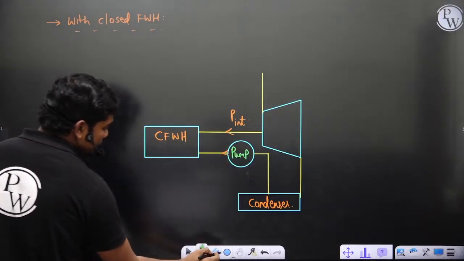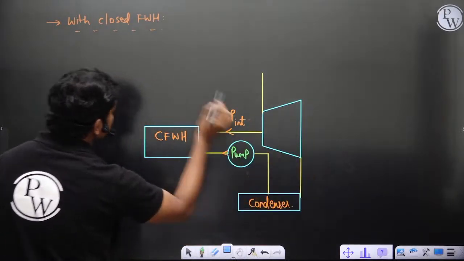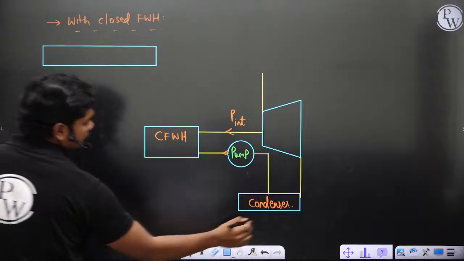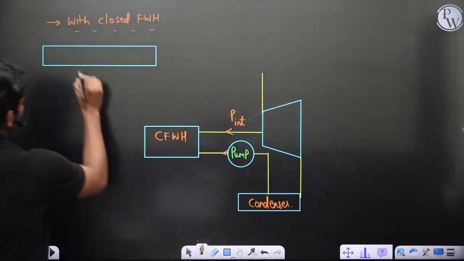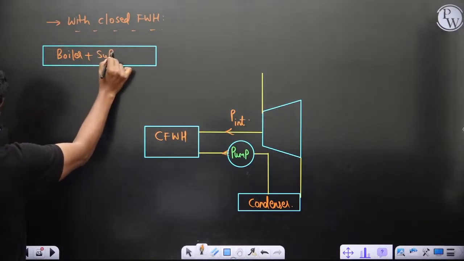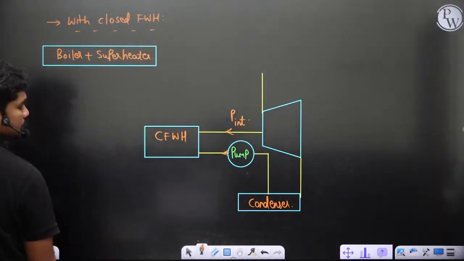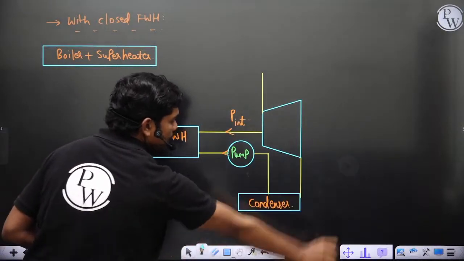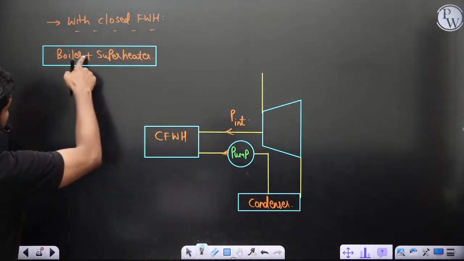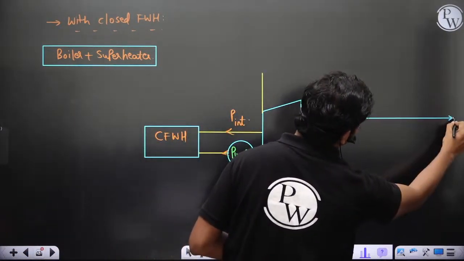Okay, and you can see, if you take this boiler plus superheater in this case. Now let us see, this pump will take it to the boiler pressure, so if I generate the TS diagram correspondingly, you will see this.